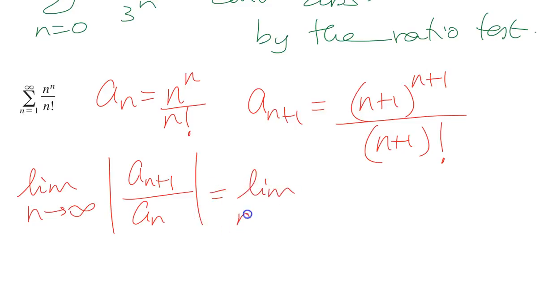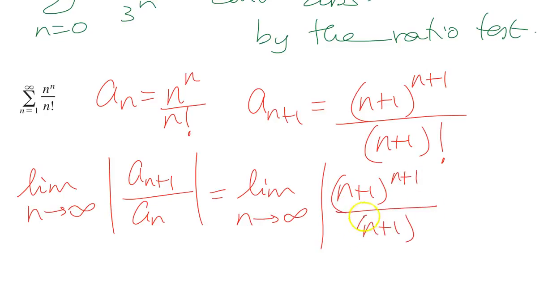That is n plus 1 to the power n plus 1 over n plus 1 factorial, and you're dividing by a_n. Flip and multiply. That's going to be n factorial over n to the power n.